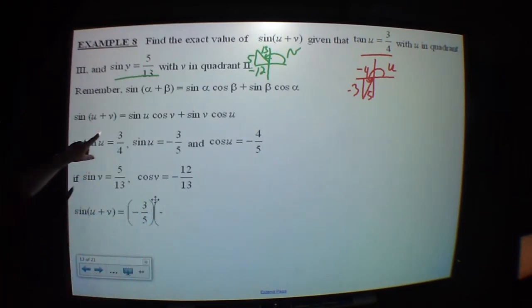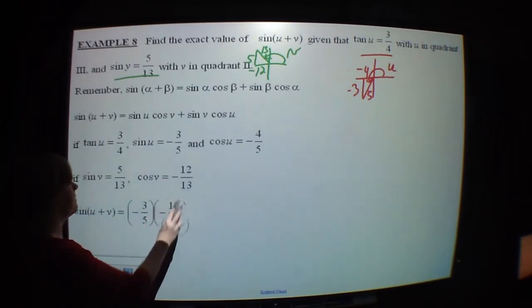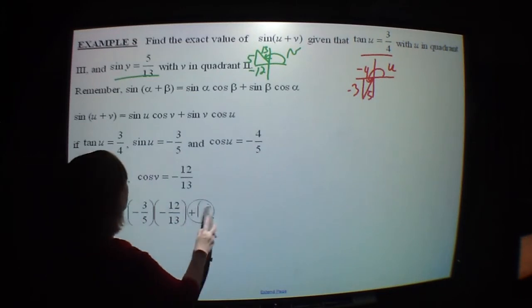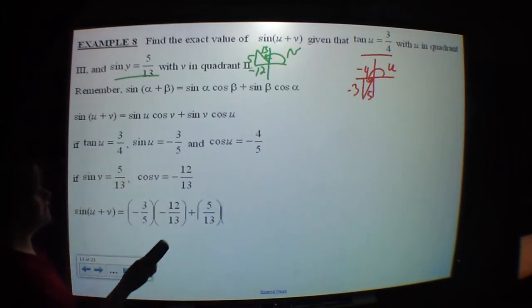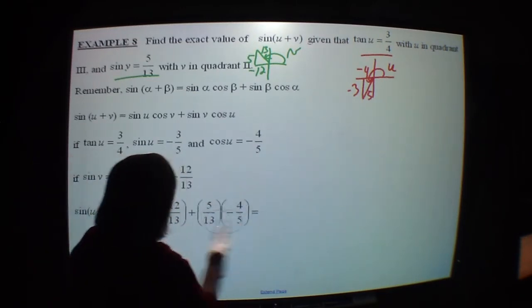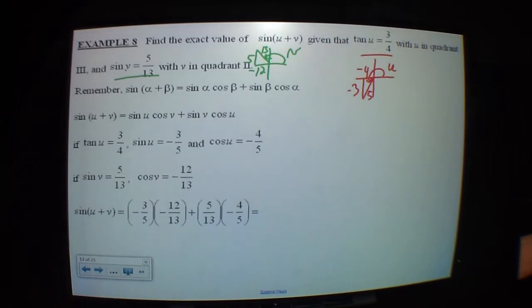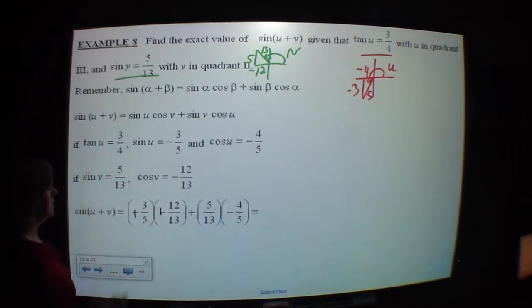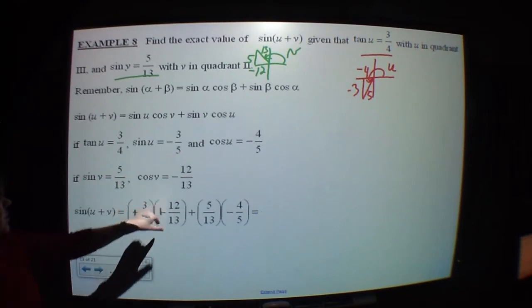So, negative 3 over 5, cosine is negative 12 over 13, plus 5 over 13 times negative 4 over 5. Negative times a negative makes a positive. Before you multiply, look to make sure you can't cancel out.